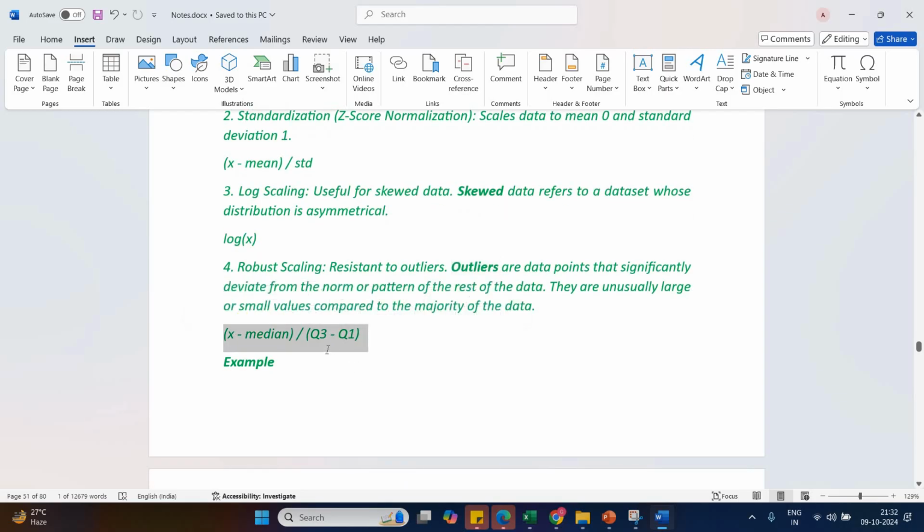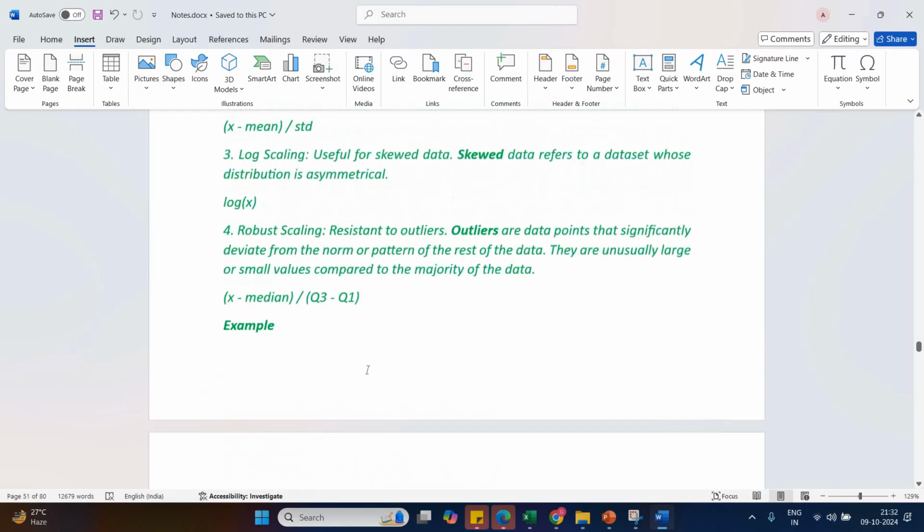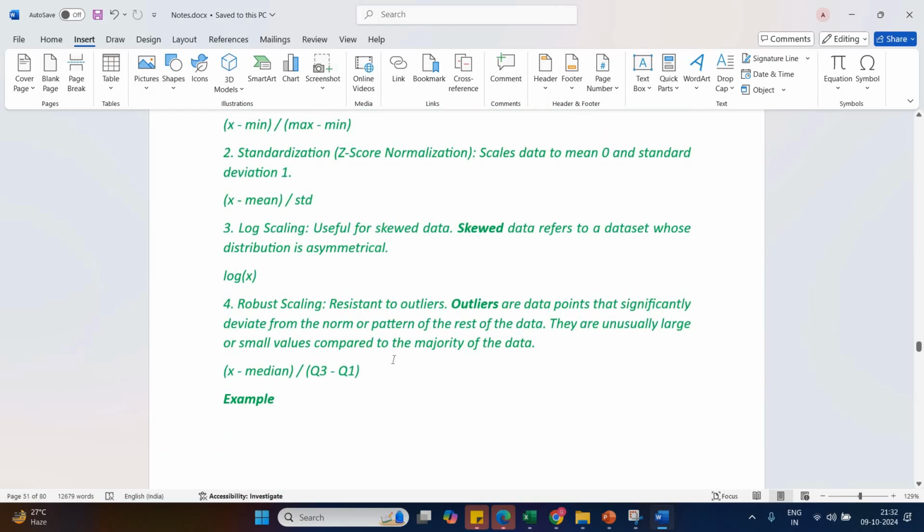This is the equation, x minus median upon q3 minus q1. So you can understand it by googling about robust scaling, what the outliers are and everything, because the mathematics behind it is not really important, because this has already been done, and there are functions in the Python packages which really help you do things for you without understanding the mathematics behind it.